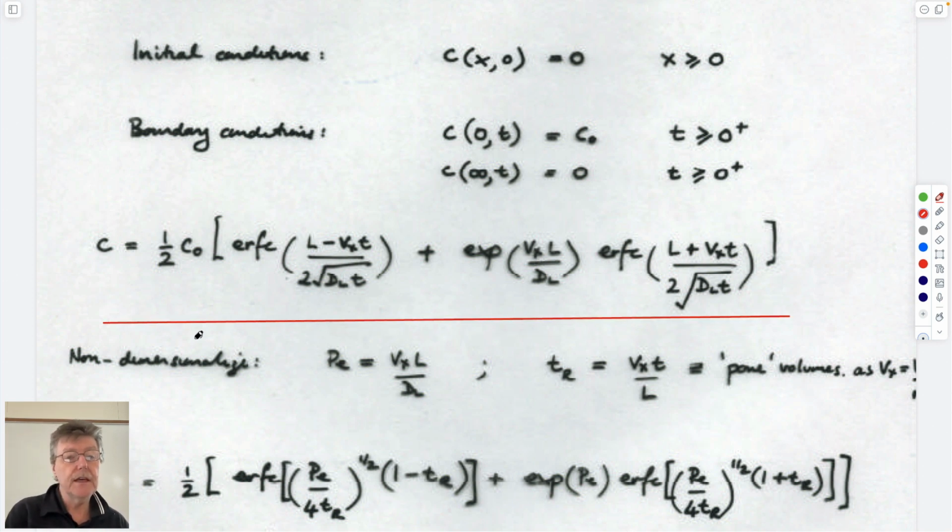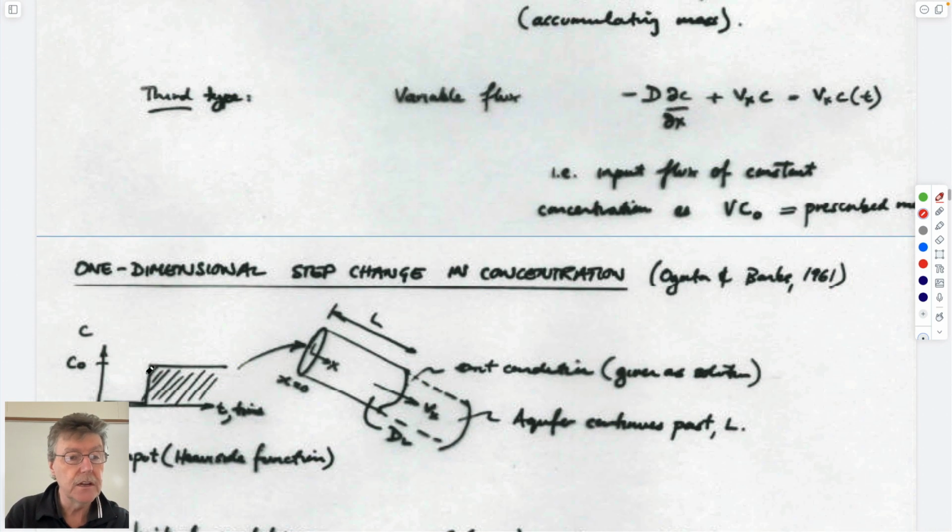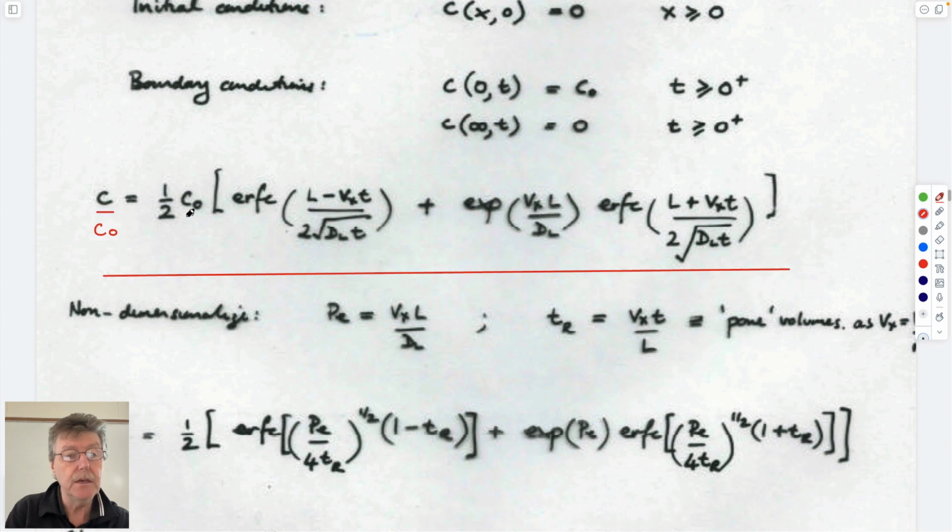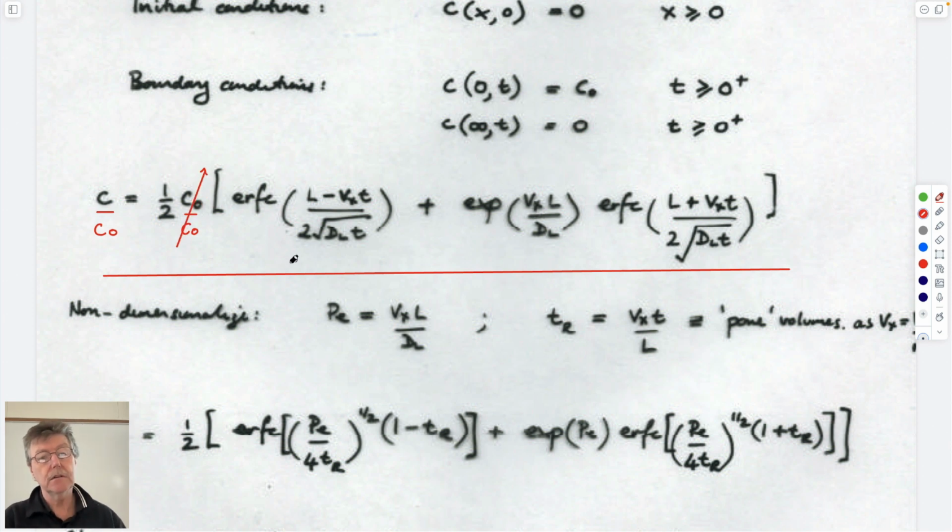But note that if we divide both sides through by the concentration that we apply upstream, so no concentration, then all of a sudden at time t0 we apply it and it goes up to this, which is 1 by definition. And so it just becomes a term that includes these other two terms.